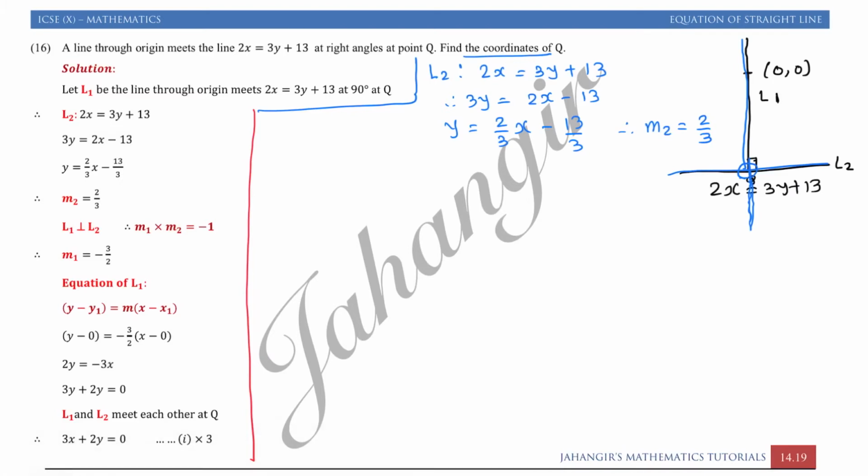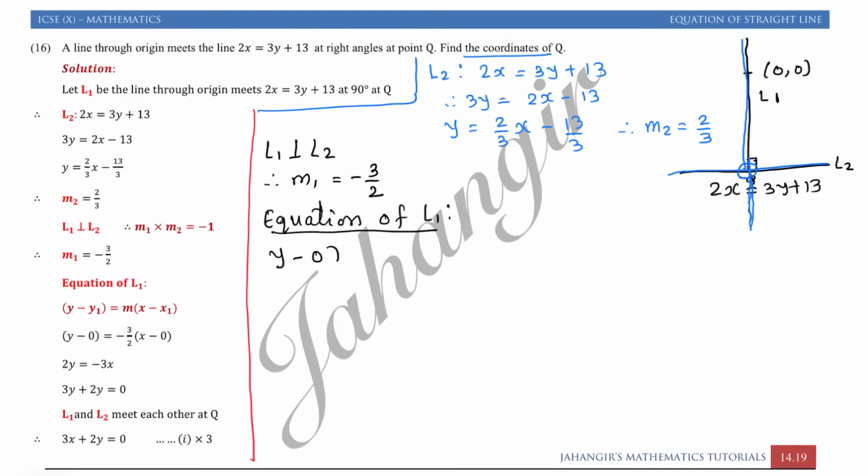Once you get M2, we will say L1 is perpendicular to L2. So therefore M1 is equal to minus 3 by 2. Since it is perpendicular, the product should be minus 1. So once you get M2, M1 should be the negative reciprocal. Now it is passing through origin, so we will write the equation of L1.